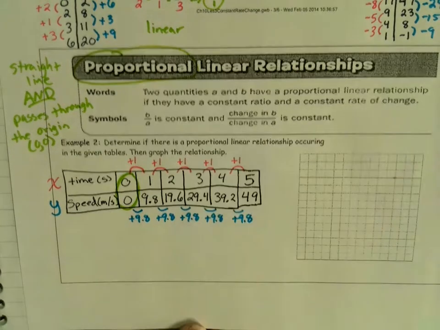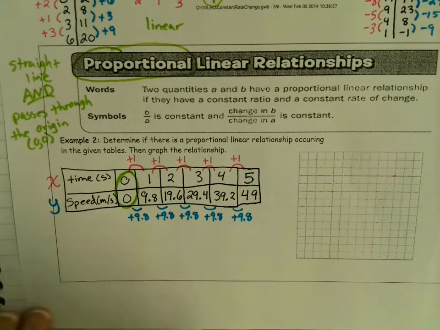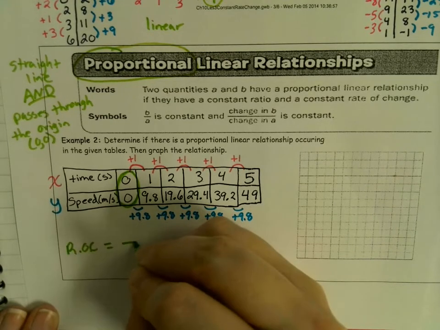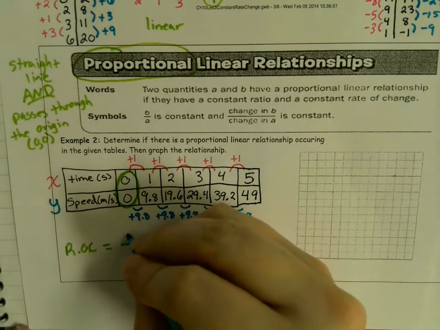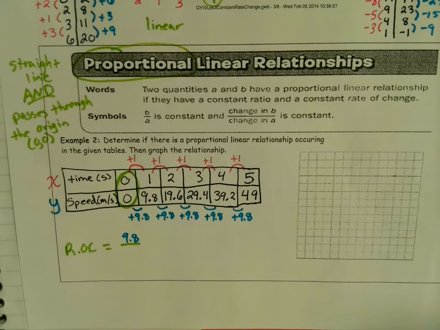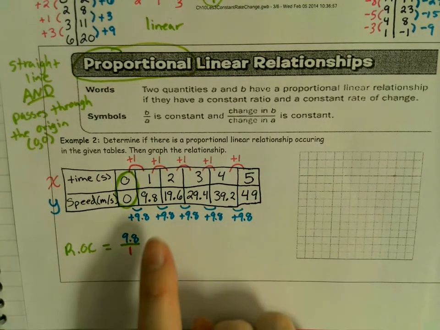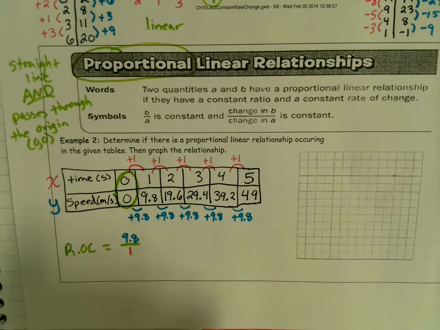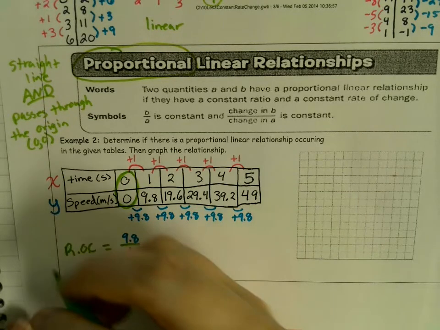So that means that our rate of change is going to be 9.8 over 1, which means that its speed increases by 9.8 meters every second. Okay, so this is proportional.